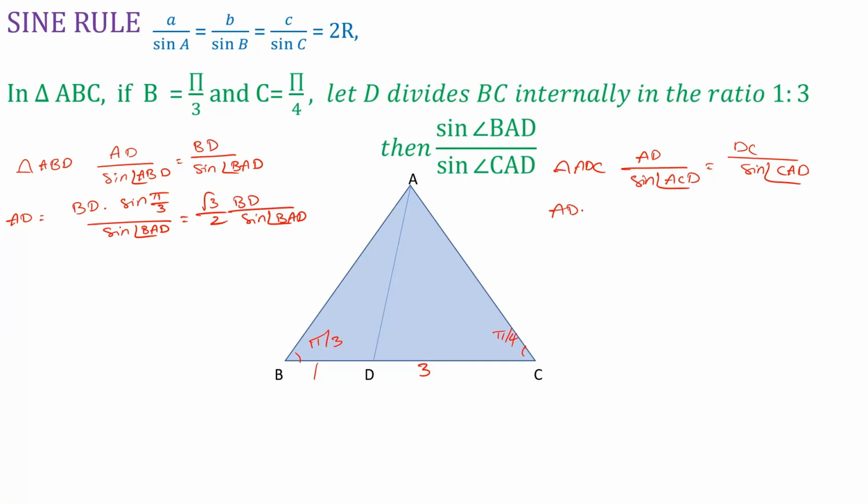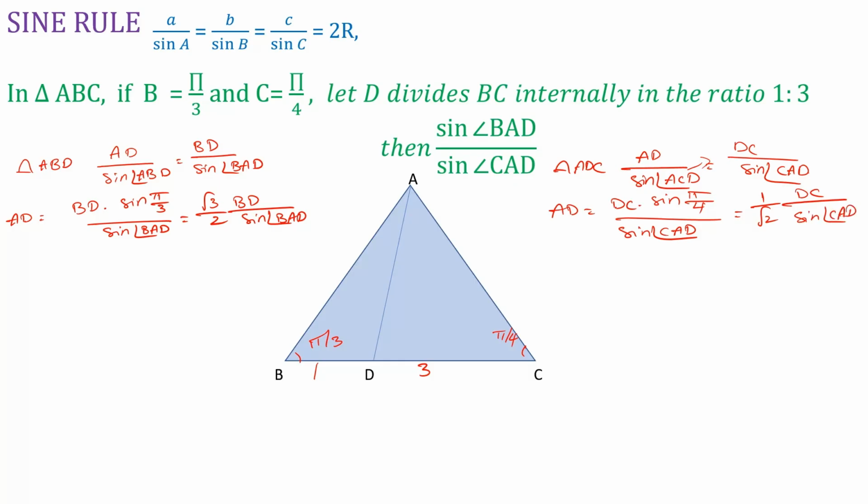Again AD is equal to DC into sine angle ACD upon sine angle CAD. ACD is given to be pi upon 4. Sine pi by 4 is 45 degrees, so that would be 1 upon root 2. So this can be written as 1 upon root 2 into DC upon sine angle CAD.